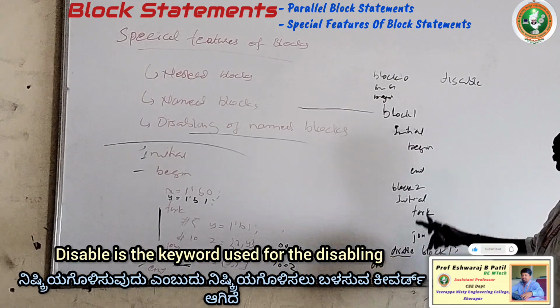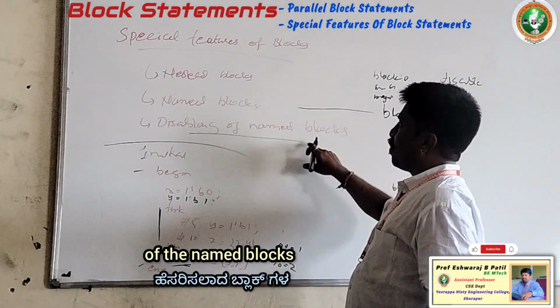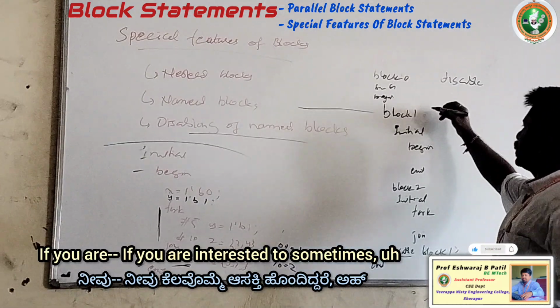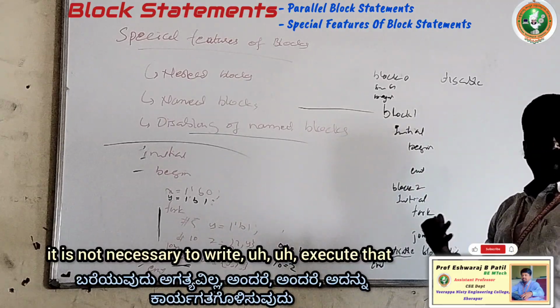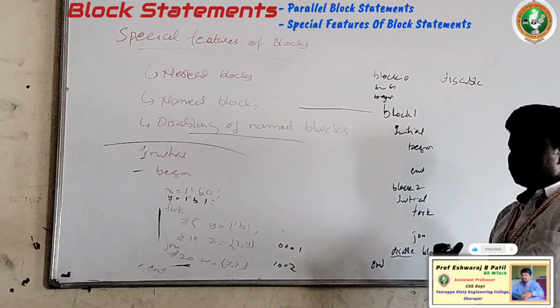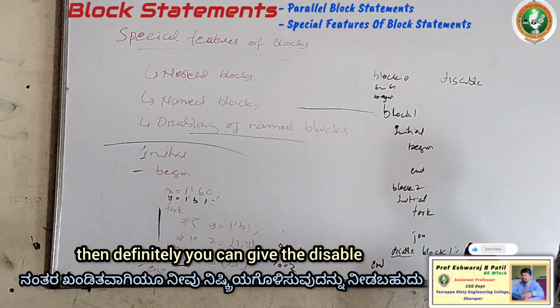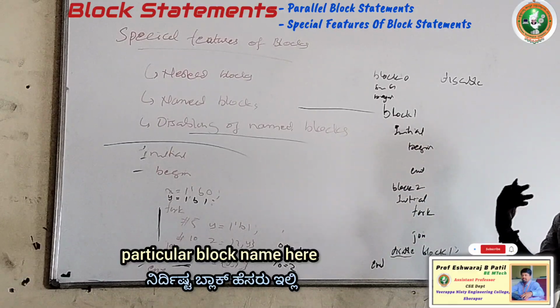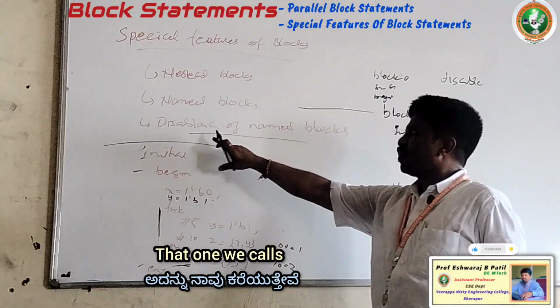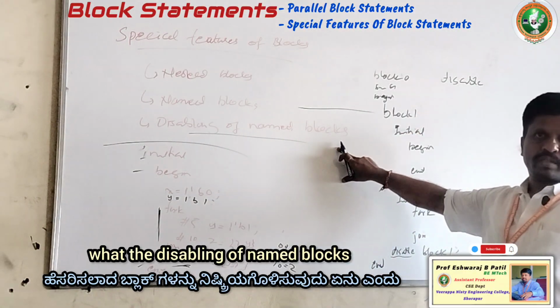Disable is the keyword used for disabling of named blocks. Sometimes it is not necessary to execute a particular block, then definitely you can give disable with the particular block name here. That is what we call disabling of named blocks.